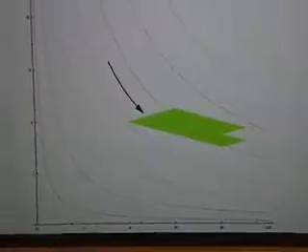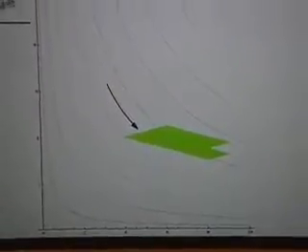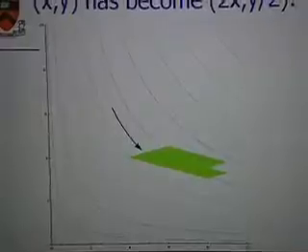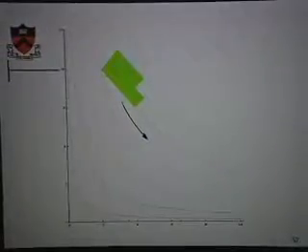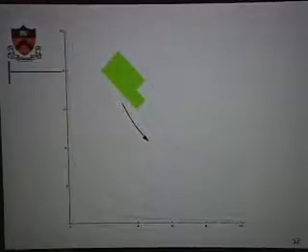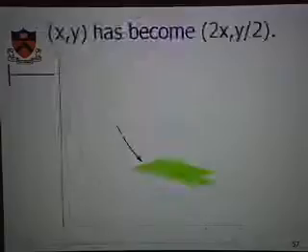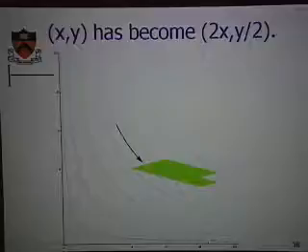Now I click, and (x, y) becomes (2x, y over 2). This was drawn by doing precisely that operation to x and y, halving x. You can see halving x would squash it vertically, and stretching y stretches it horizontally.